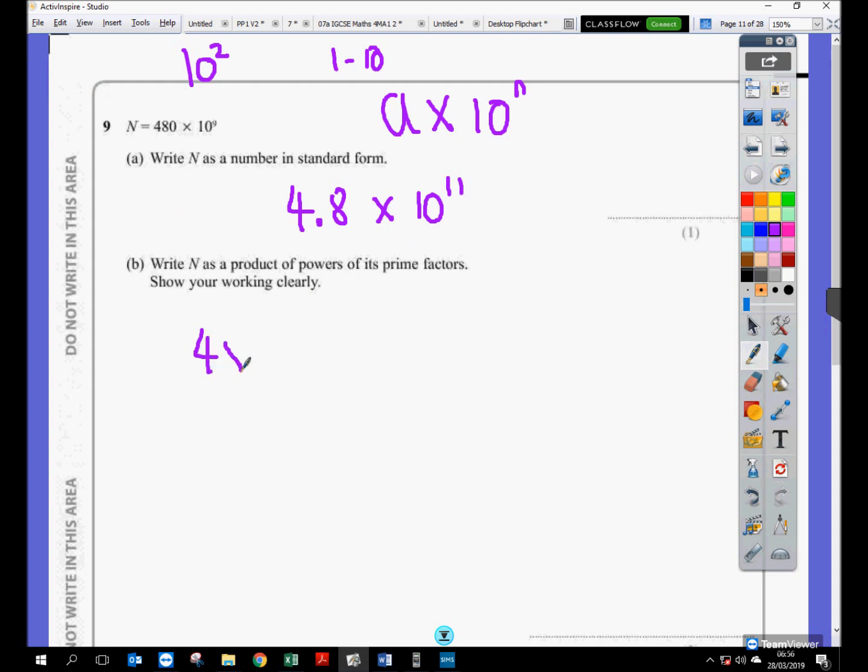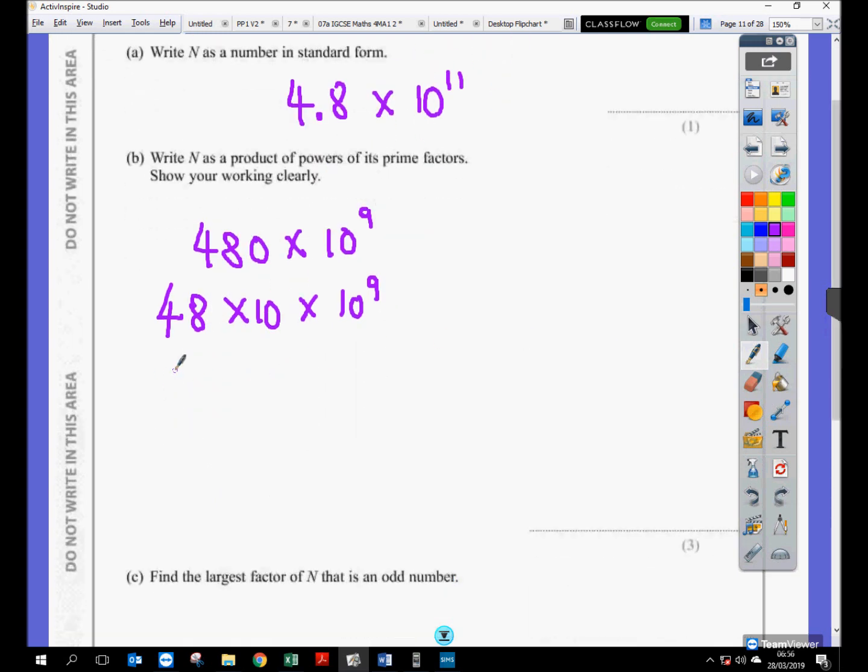So 480 times 10 to the power 9. Okay, so 480 is 48 times 10. And this is times 10 to the power of 9. If we simplify this a little bit, we end up with 48 times 10 to the power 10.